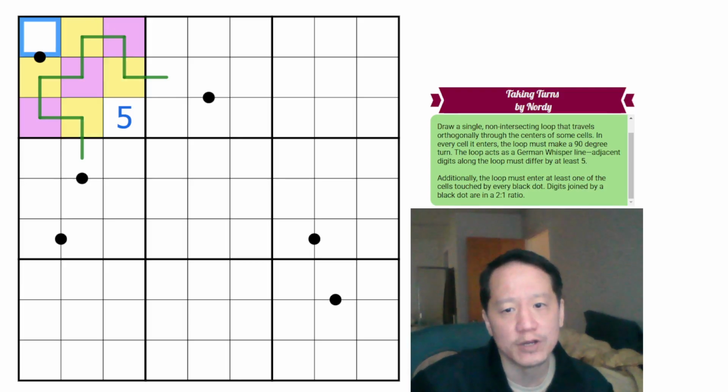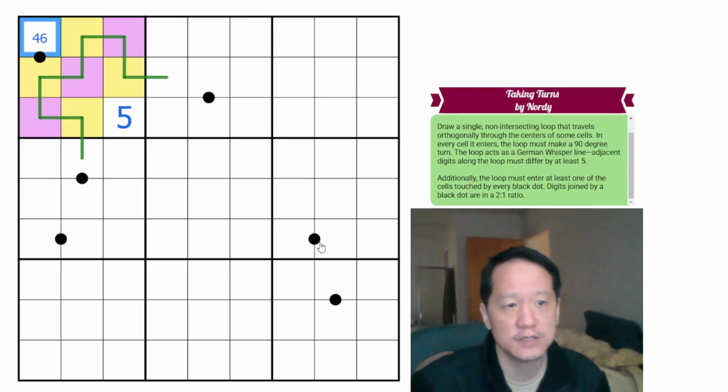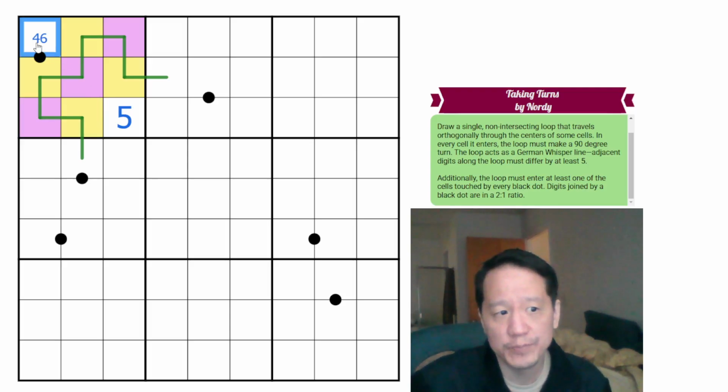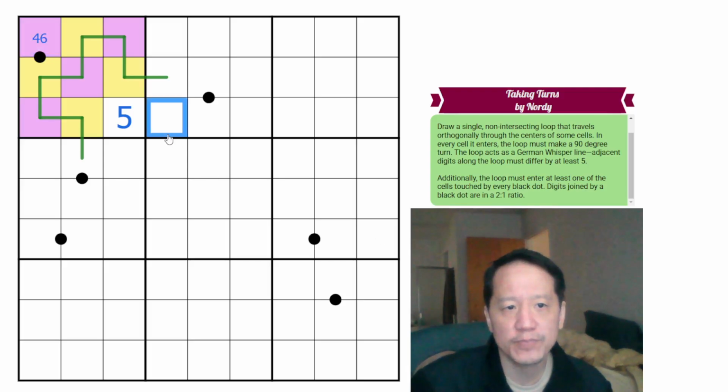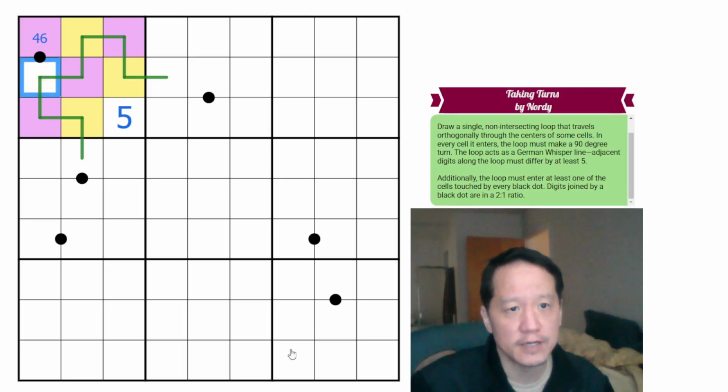Therefore, the last one has to be here. Therefore, this has to be a 4 or a 6. If this is a 4, it has to be of the pink set, right? And so therefore, these have to be opposite sets. So if this is a 4, which is a low, then this would have to be high, which is an 8. Oops. This is an 8.